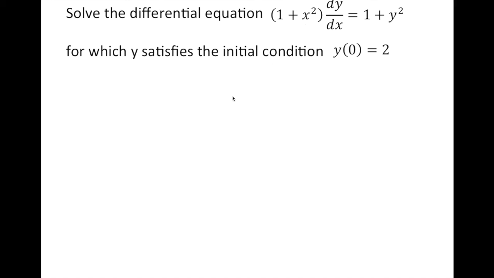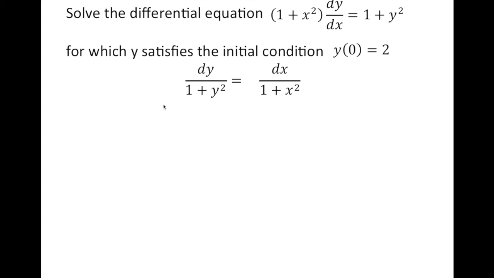Now let's focus ourselves here. We can definitely separate the variables, and what will happen is it becomes dy over 1 plus y squared. So the left side contains the y variable. That is what we meant by separating the variables. The left side contains the y, and then the right side contains the x variable.